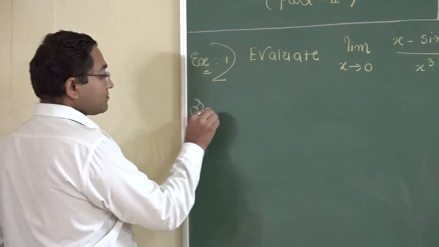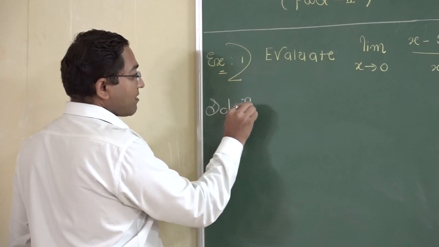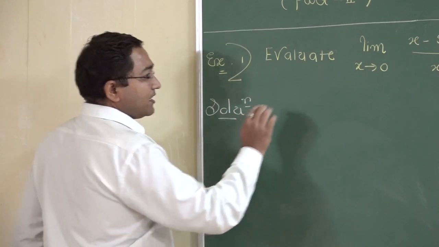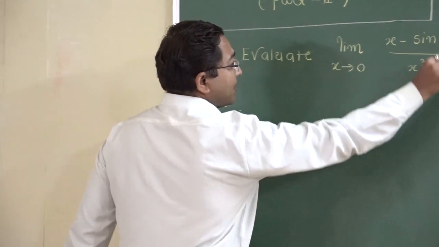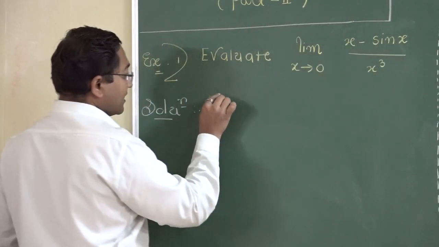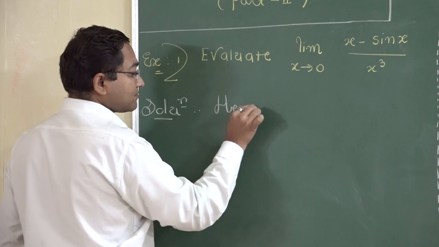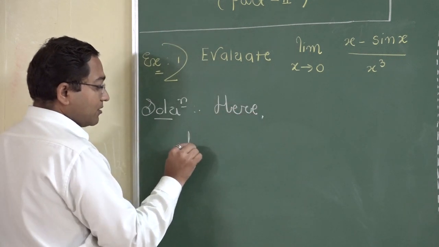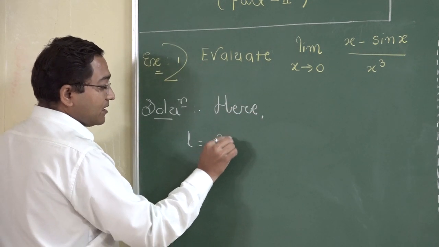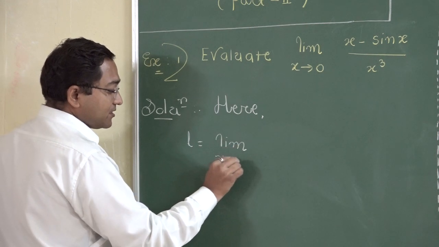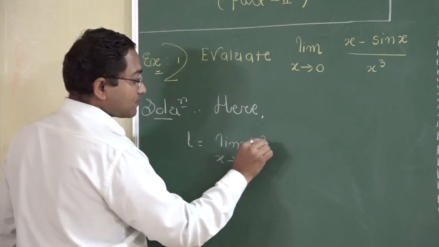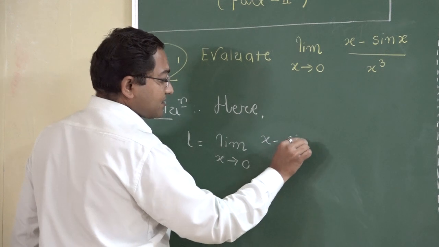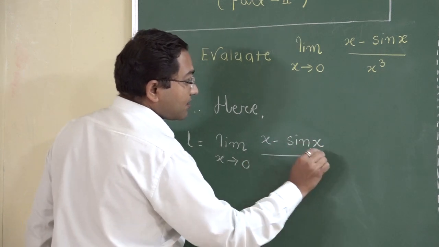Solution. Here, in general, we consider that limit as L. So L equal to limit x tends to 0 of (x minus sin x) upon x cube.